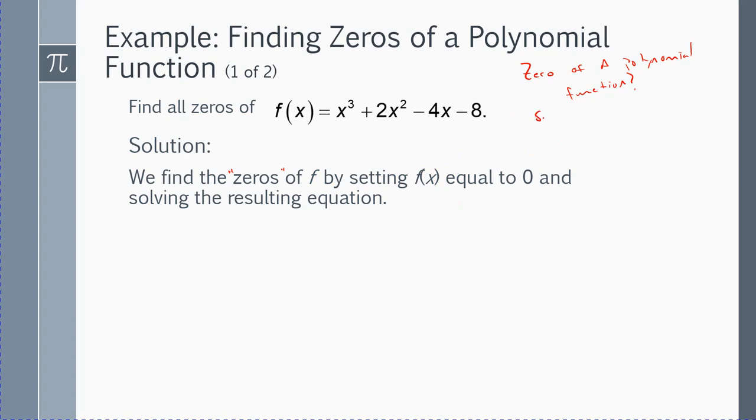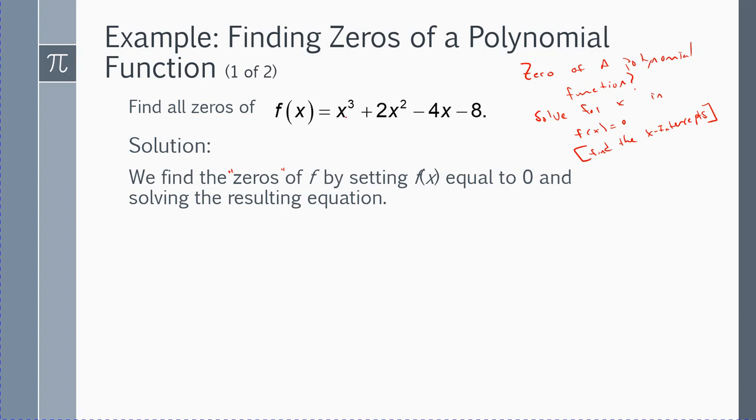So you solve for x in f of x is equal to 0. In terms of the graph, what you're finding are the x-intercepts. Whenever you say, find the zeros of the function, it's really asking what are the x-intercepts?